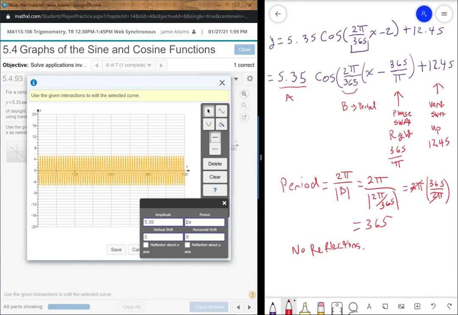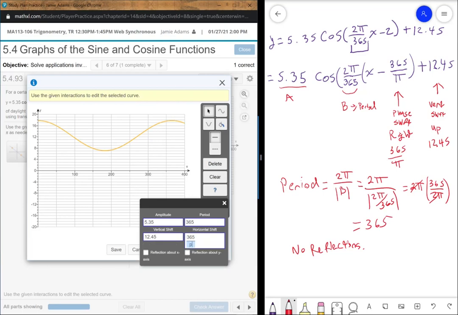Then we need to type in our new period. Well, what is our new period? Remember, we just calculated our new period is 365. Then I need to plug in my vertical shift. Well, it goes up 12.45, so it's going to be positive 12.45. Then I need to type in my horizontal shift, and my horizontal shift is to the right, or positive 365 divided by pi.